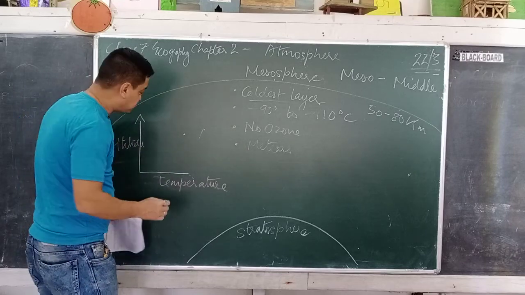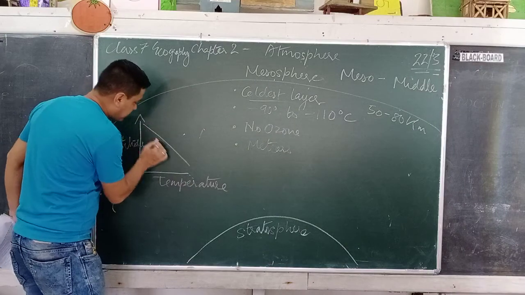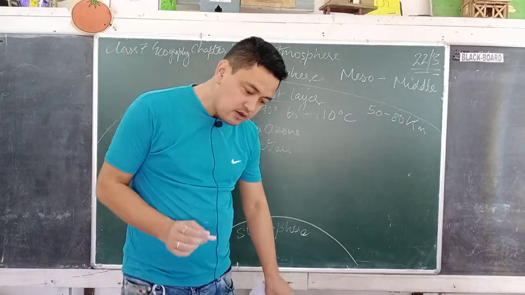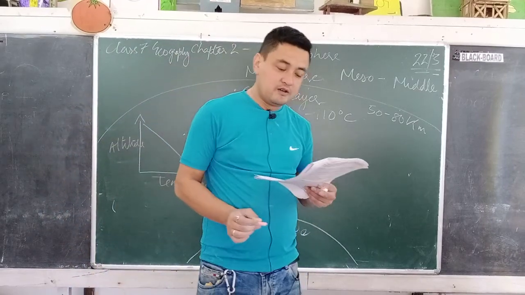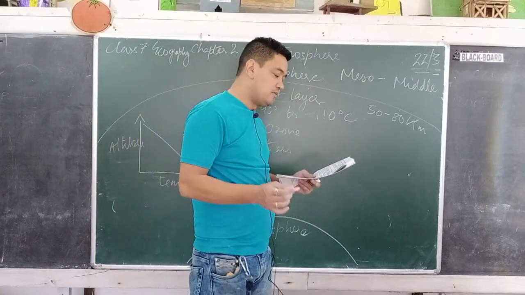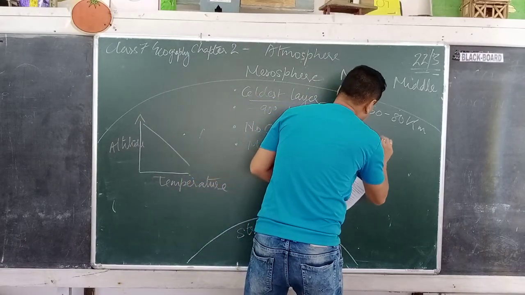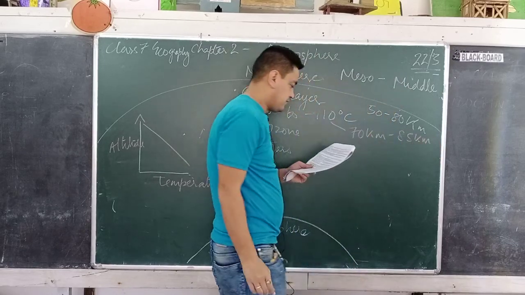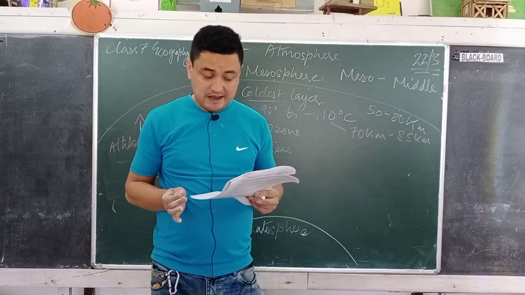Whenever I am talking about the decrease in temperature, it is shown by this graph. Are you understanding? This decrease in temperature is from 70 kilometers to 85 kilometers, and you find this decrease throughout this layer.